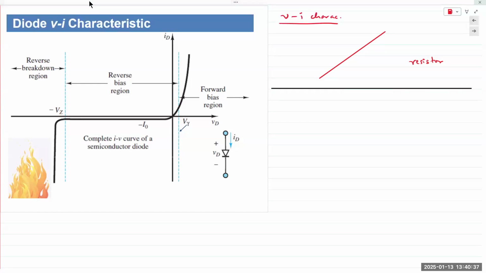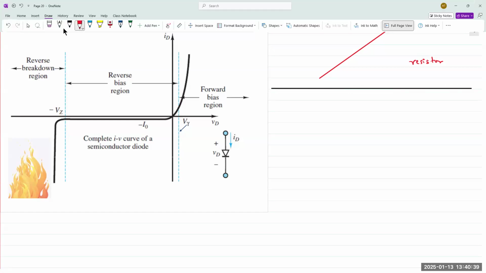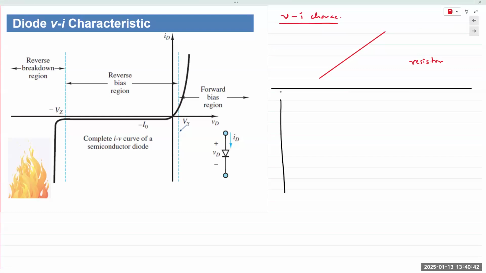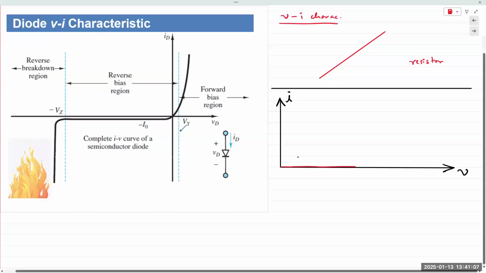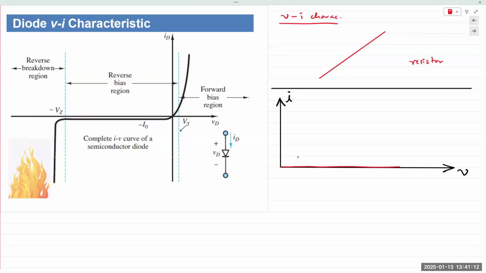For a diode, not so. And this I'm just zooming into. So voltage on the x-axis, current on the y-axis. If I plot the current for a diode as a function of the diode voltage, it's going to look something like this. It's going to remain at 0 for certain values.